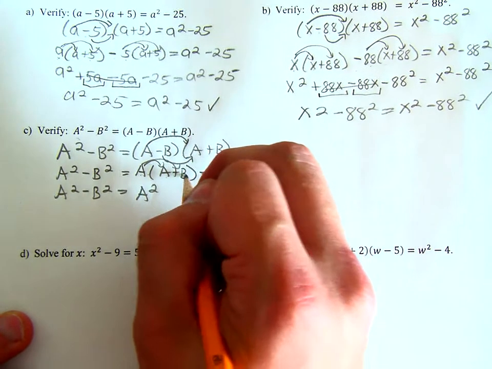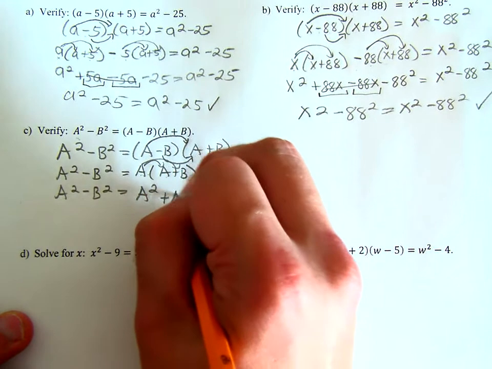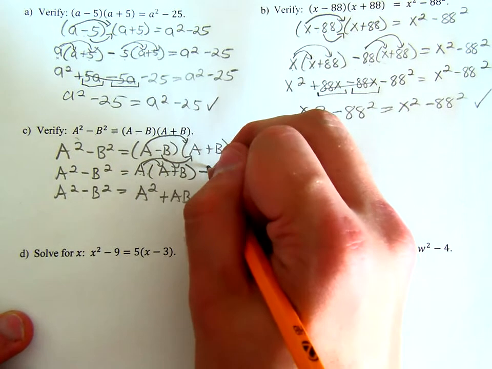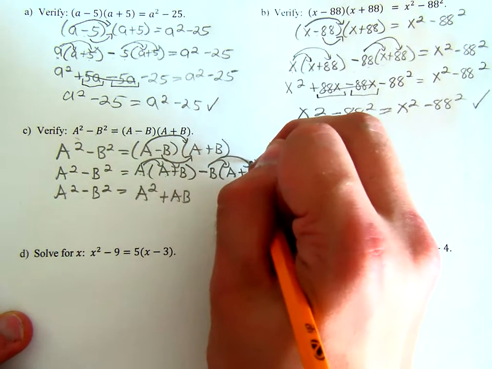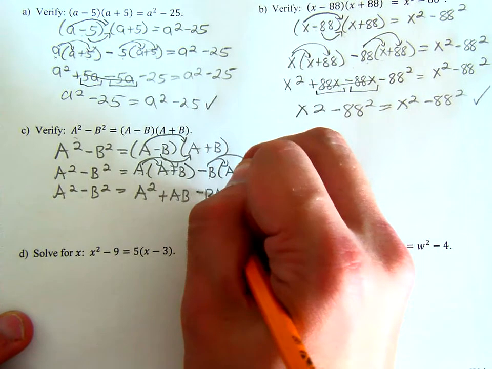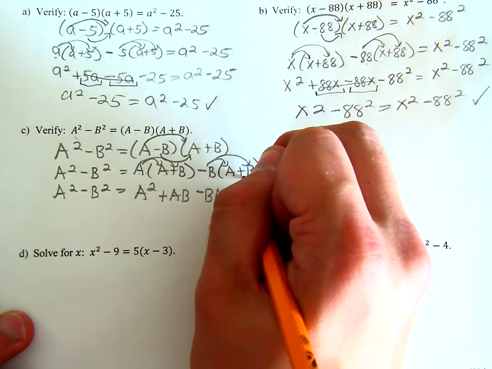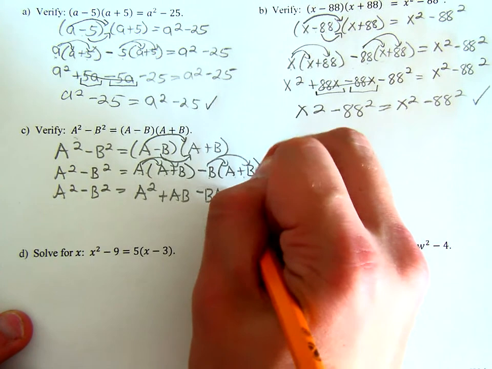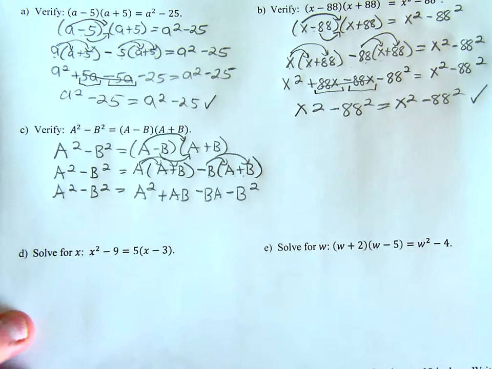A times B is just plus AB. And then we have this minus B to both of those terms. Negative B times A is a minus BA. A negative B times positive B would be a minus B squared.